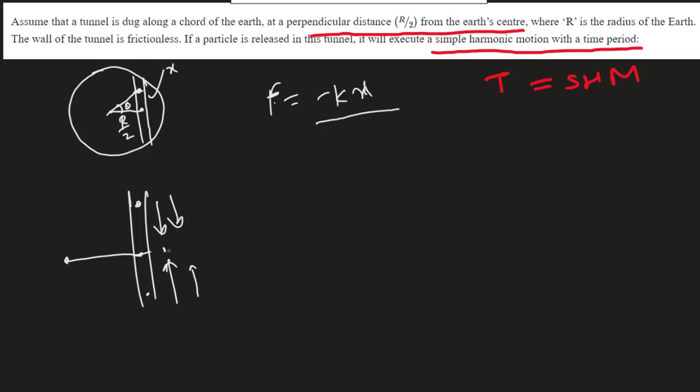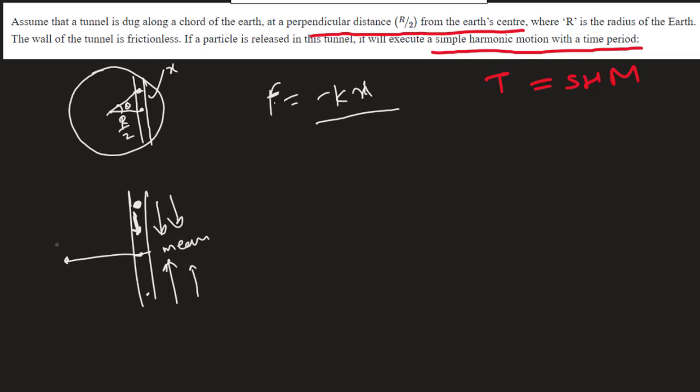So this is the mean. So let us find the restoring force. Let us assume that the particle is over here, and we have to find the restoring force which is directed towards the mean position.